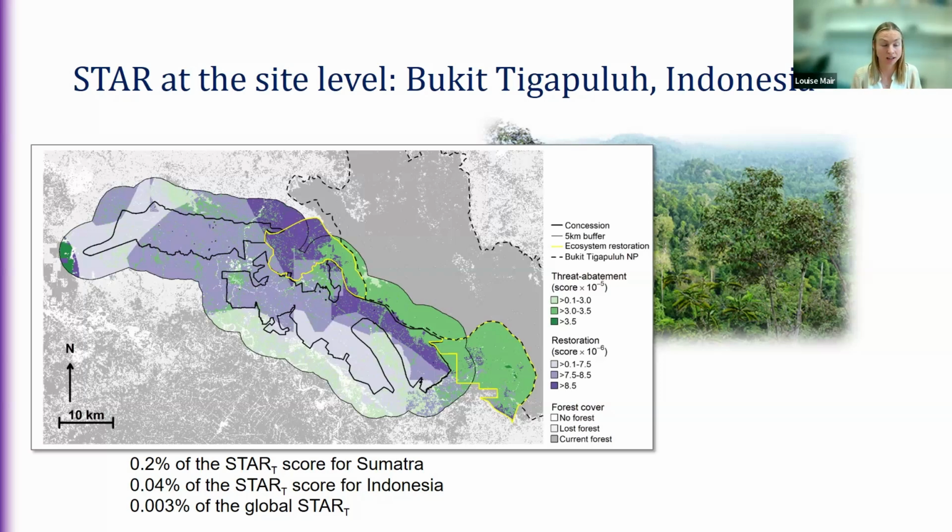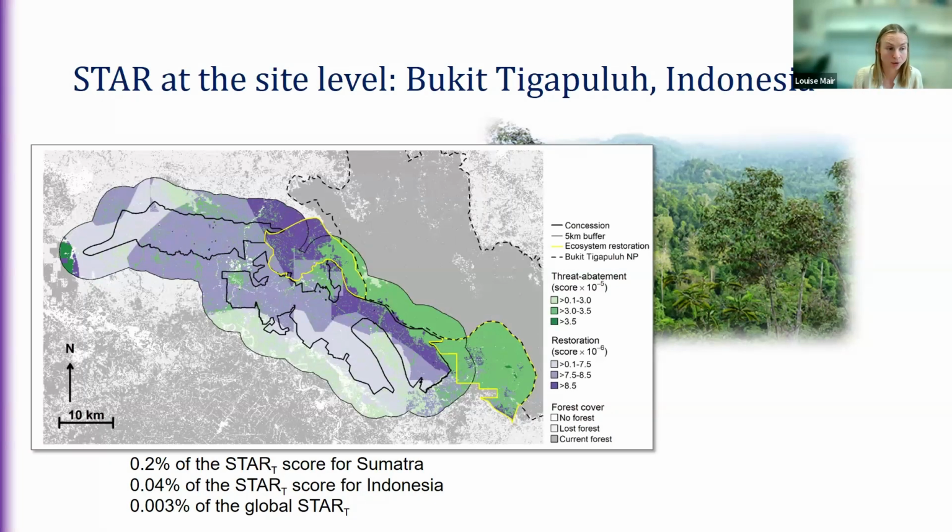If you were to alleviate all the threats within this landscape, you'd be reducing the extinction risk across Sumatra by 0.2%. It's 0.04% of the total score for Indonesia, and then 0.003% of the global threat abatement score. So this is how you get that scaling of STAR across scales.